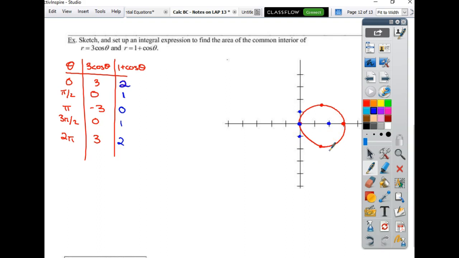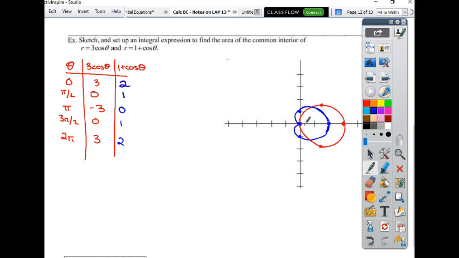This is our heart. Whoa, that brought that heart shape out way too much. This should really curve more. All right, cool.